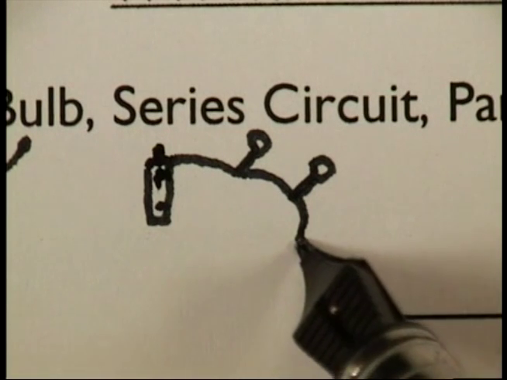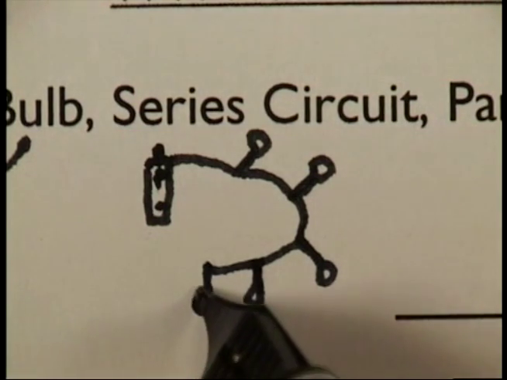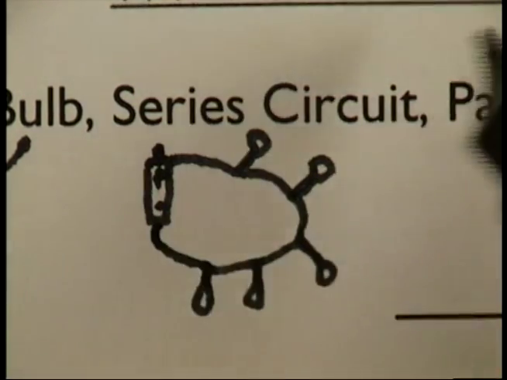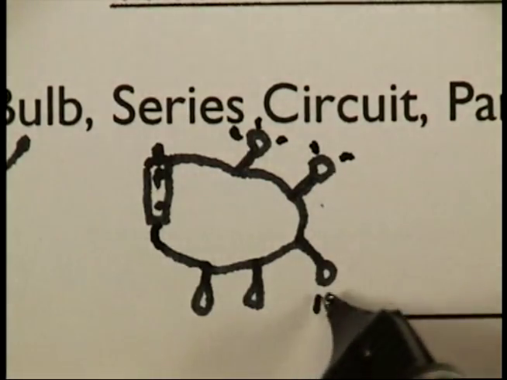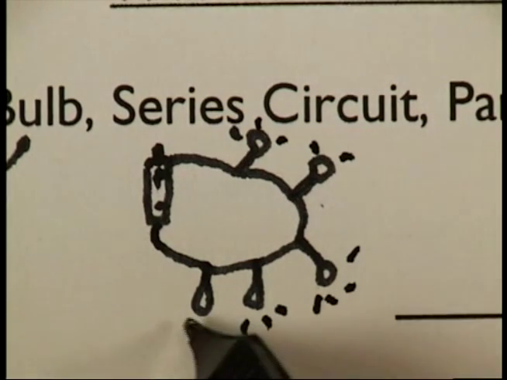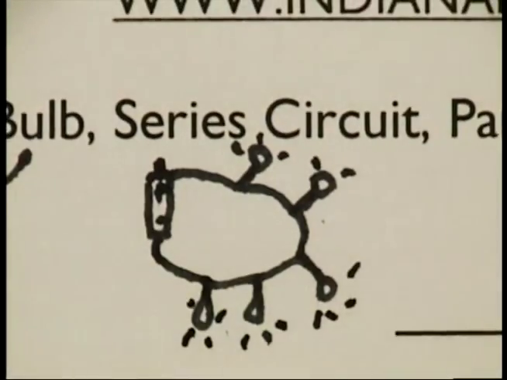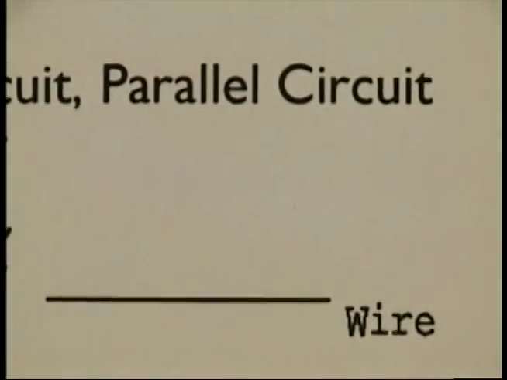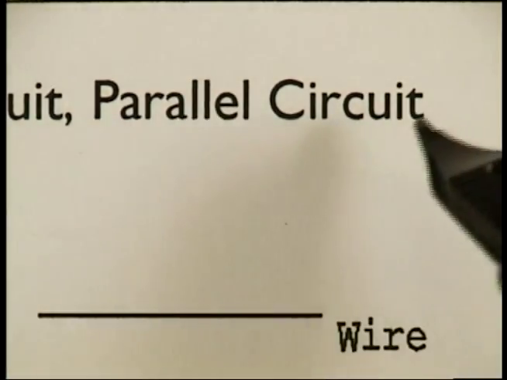Maybe tomorrow someone can say, Mr. Crosslin, I understand what that drawing means in a series circuit. No, that's not a strange bug with 5 legs. All right, series circuit. And last, repeat after me: parallel circuit.